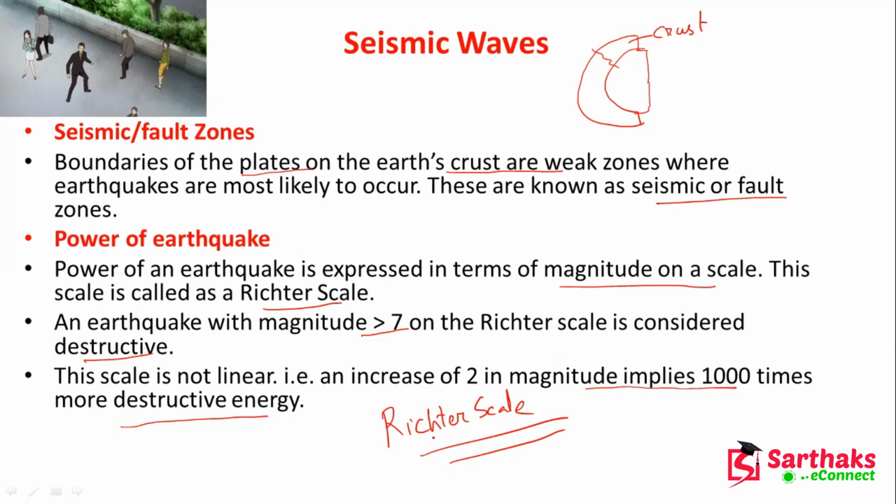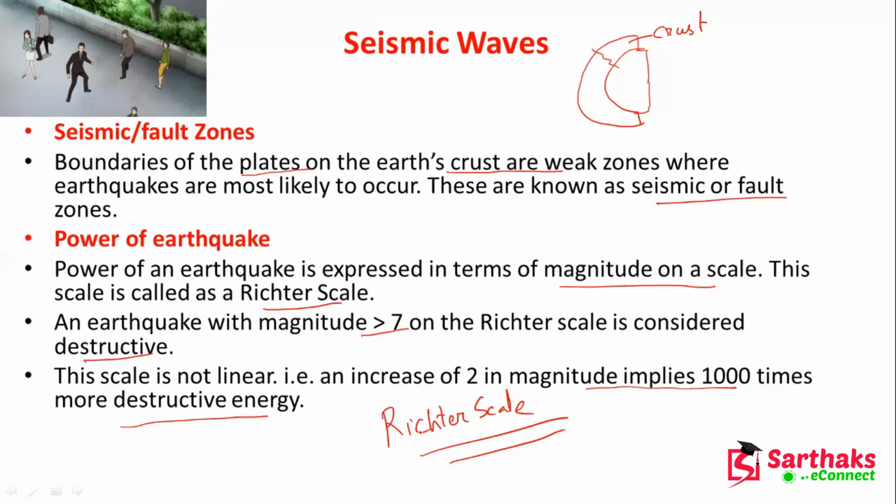So that is how we can measure the power of the earthquake using the Richter scale, and if it is greater than 7, then it is a very destructive earthquake. Okay, if it is 3 or 4 or 4.56, then there is not so much destruction, only the vibration you can feel.